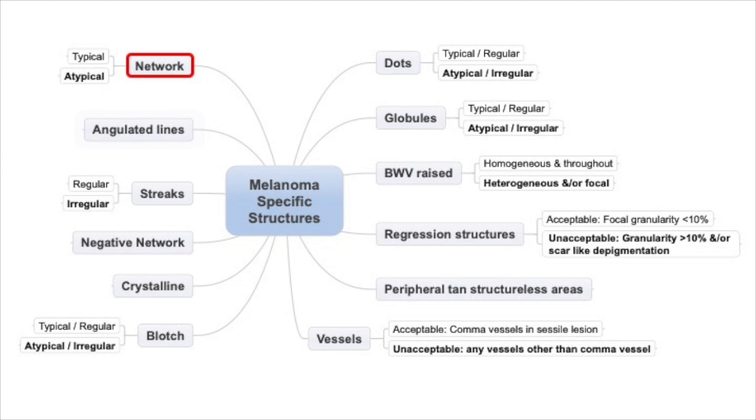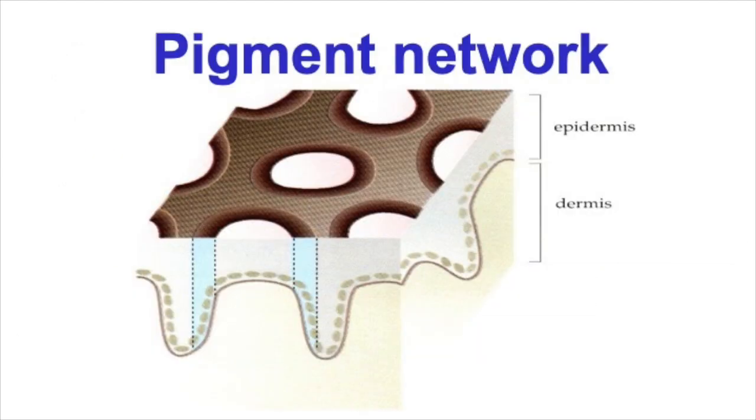So let's look at network. The pigment network is due to the rete ridge pattern of the skin. There's no more pigment per unit area over the rete ridge than over the suprapapillary plate. The suprapapillary plate, that's your hole. The rete ridge, that's the line of the network. Therefore, if you see a network in a melanoma, you know you're dealing with a superficial spreading type melanoma.